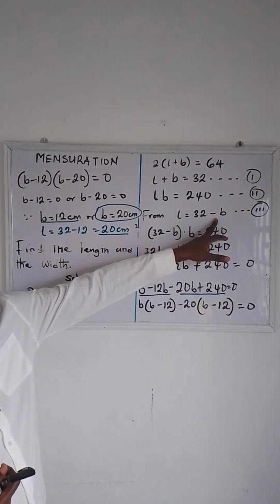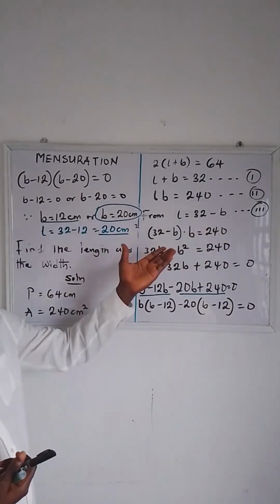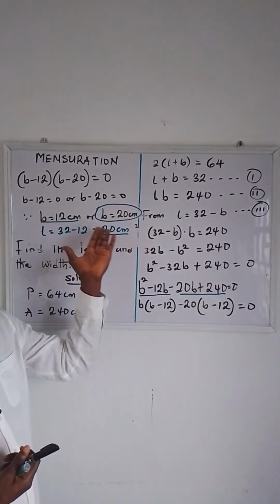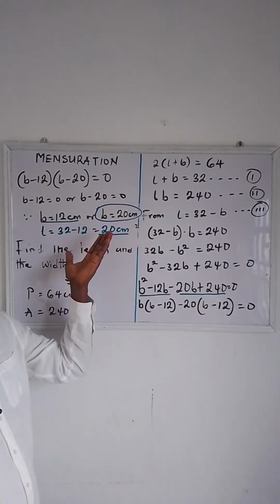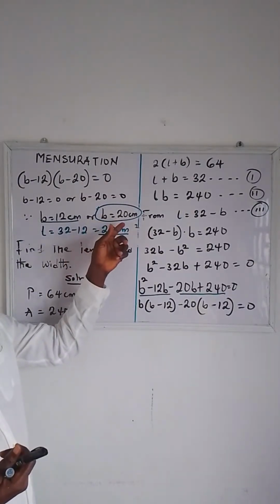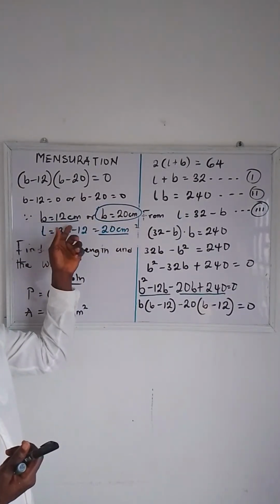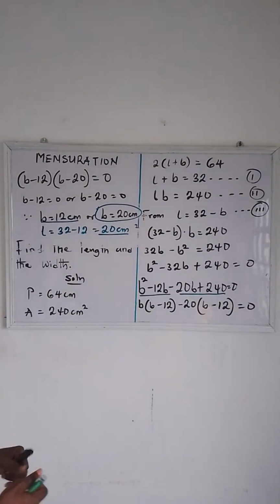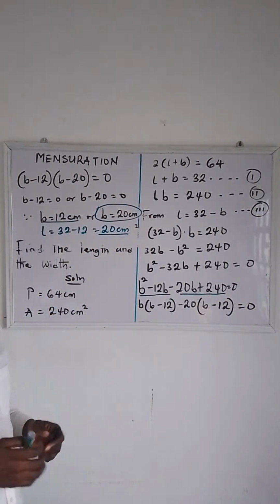That will give you 12. So you are saying the length is 12, while the breadth is 20. There's no sense in that. So B is not 20 centimeter. B is 12 centimeter, while the length is 20 centimeter. So that is the solution to that problem.